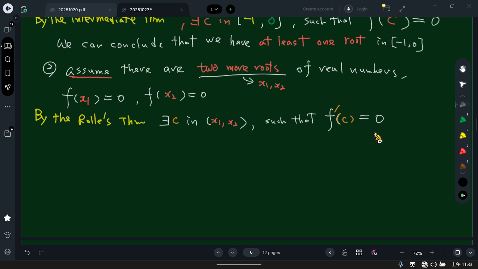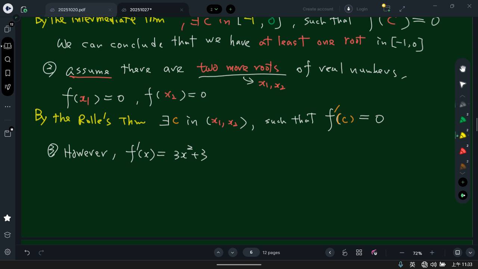However, f prime x is equal to 3x squared plus 3, right?